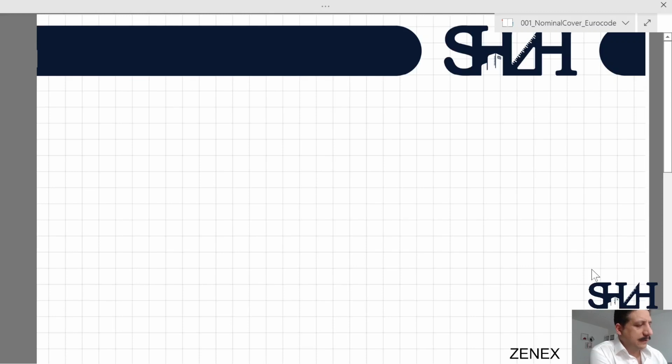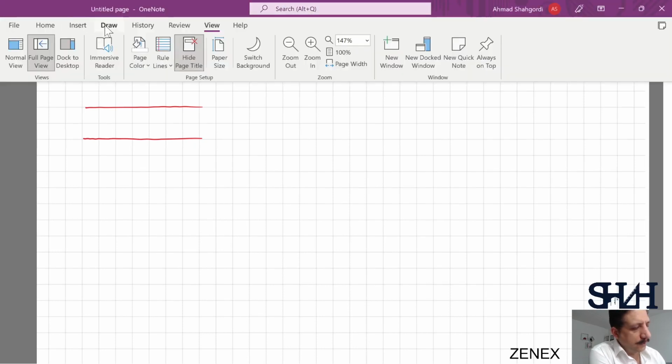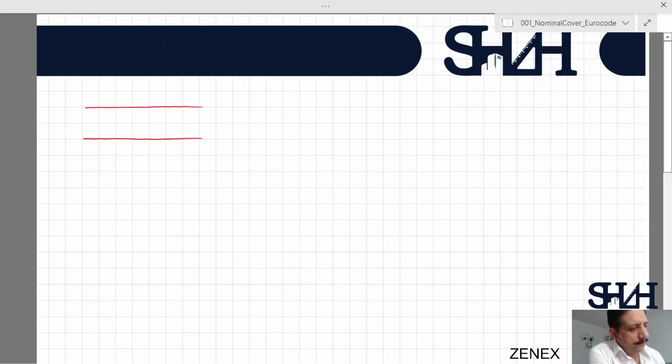So what nominal cover means: if we have a concrete element, it can be a beam, a column, or a slab. Let's start with a concrete beam. The longitudinal reinforcement usually takes the bending moment, and is designed for tension.